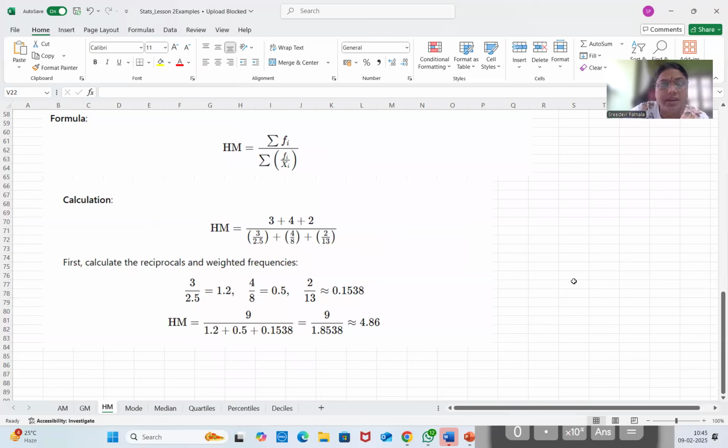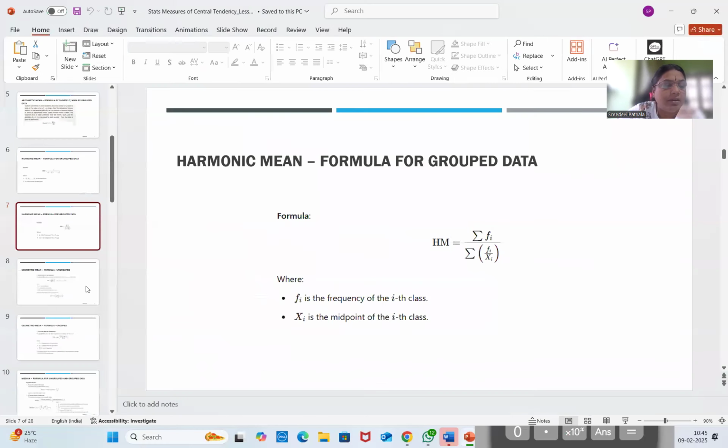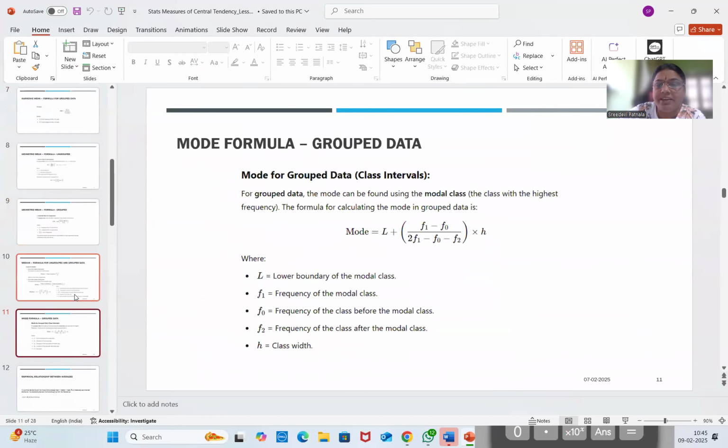Now with this, we have completed all the different types of means under the mathematical values. Now let's move to the positional values, which are mean, mode and median. So let's understand the mode formula for grouped data and ungrouped data.